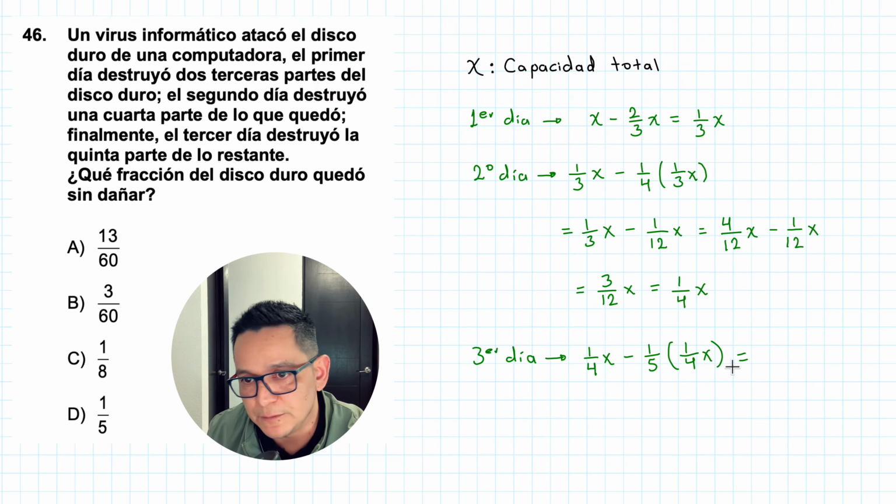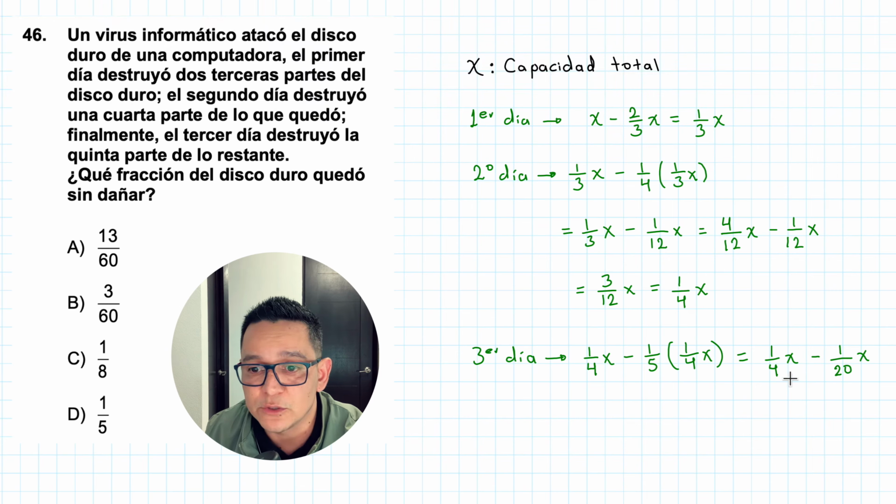I'm going to set aside this 1/4 of X for now, and let's do it. Multiplying fractions, 1 times 1 equals 1 over 5 times 4, which is 20. We'll find a fraction equal to 1/4 using 20ths, so we can subtract directly.